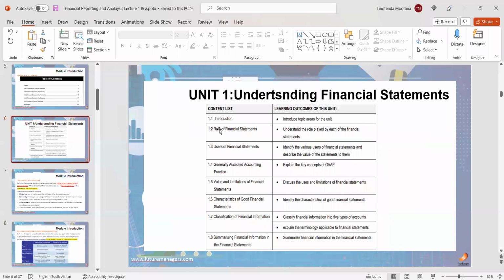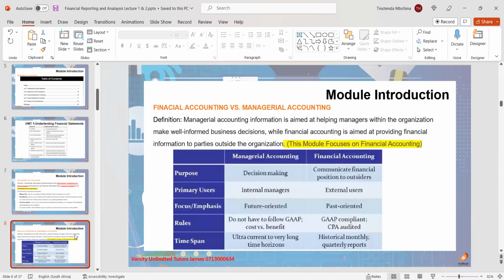You notice that he talks about the role of financial statements, and then he talks about the users of financial statements. I'm going to briefly talk about these things. We'll talk about them in detail later, but I'm just going to briefly highlight some of the information. So as an accountant, or as a person who needs to understand financial information, there are two facets of financial information. There's what we call financial accounting, and there's what we call managerial accounting.